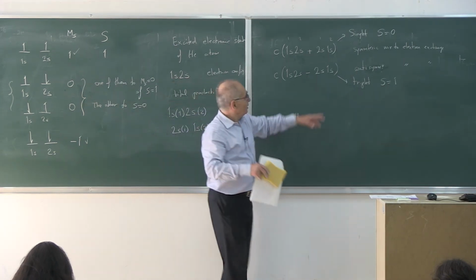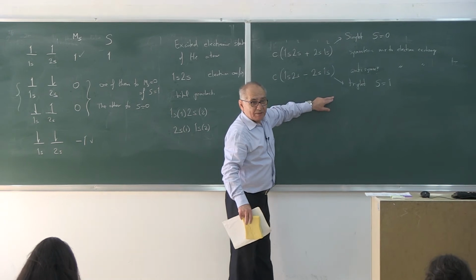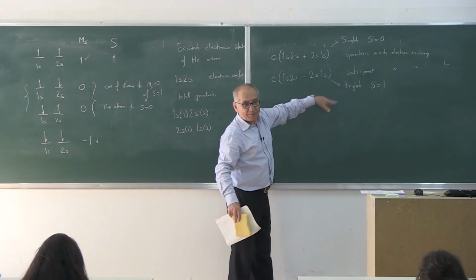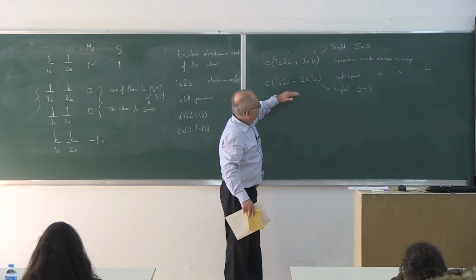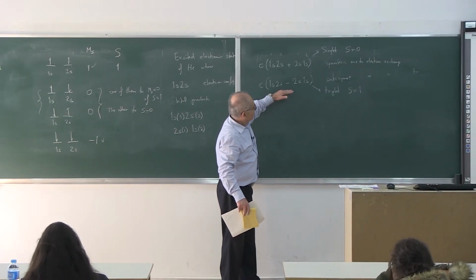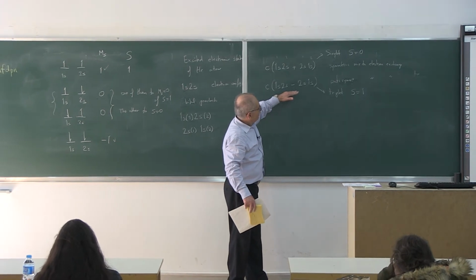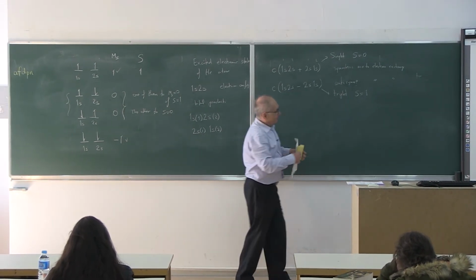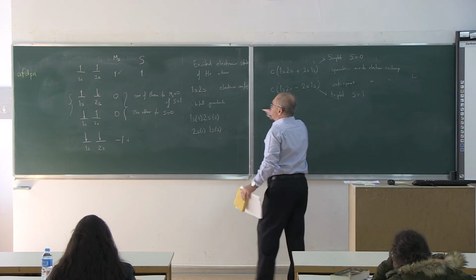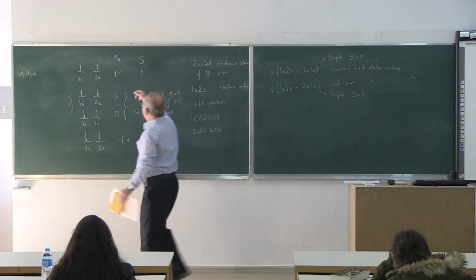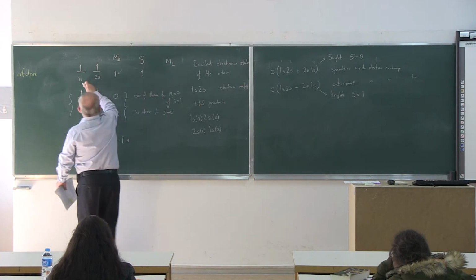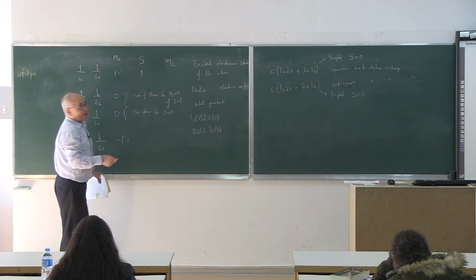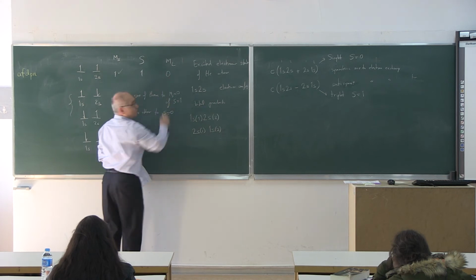And the alpha times beta plus beta times alpha spin factor produces the triplet states. Now, as far as ML values, all of them are S-type. Therefore, all of them will have ML equals 0.